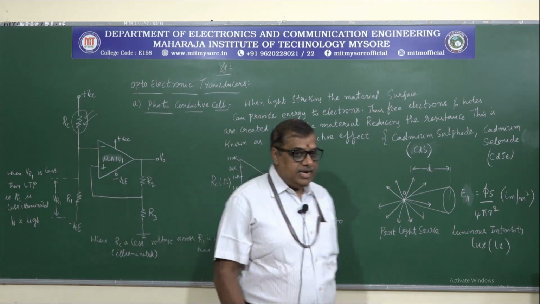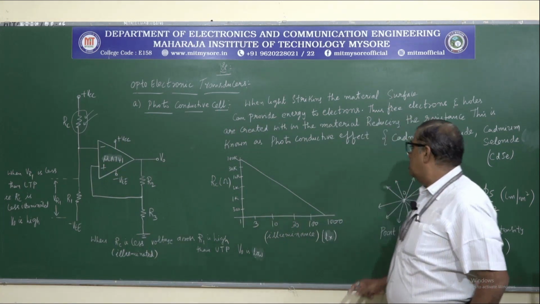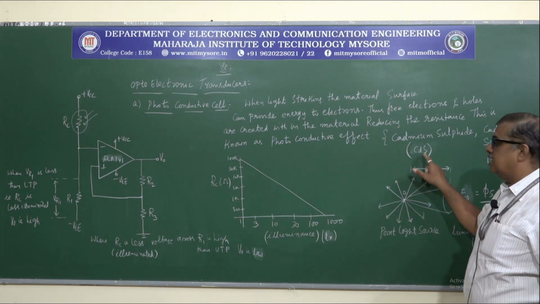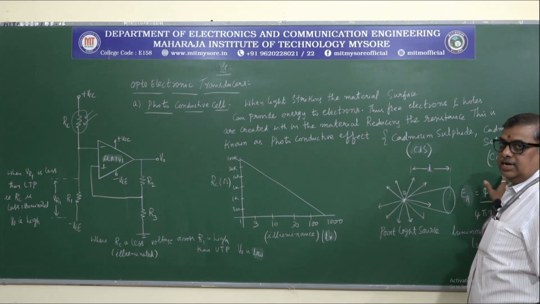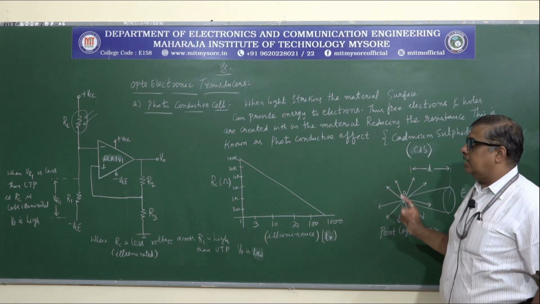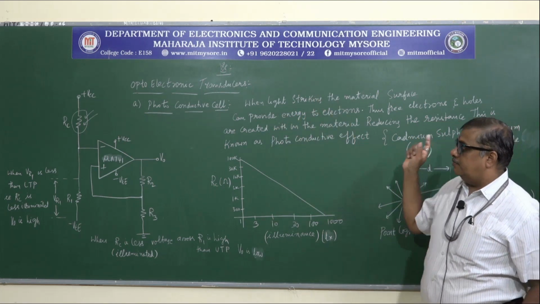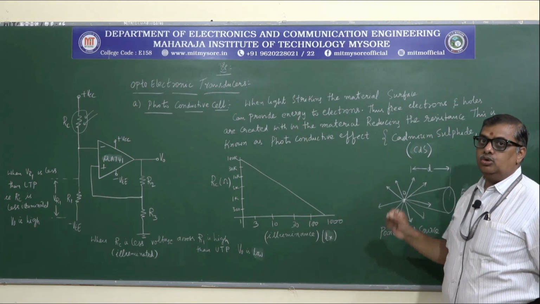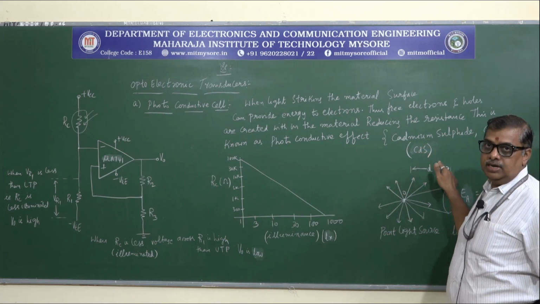There are some semiconductor materials known as cadmium sulfide, abbreviated as CdS, or cadmium selenide, CdSe. When light strikes the surface of these materials, it provides energy to the electrons inside them.